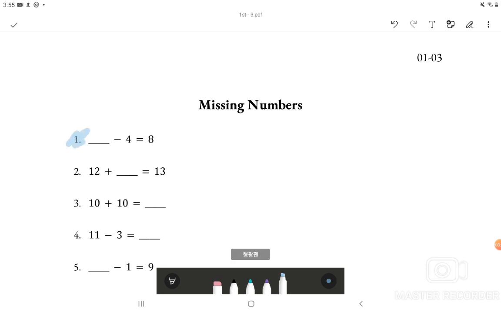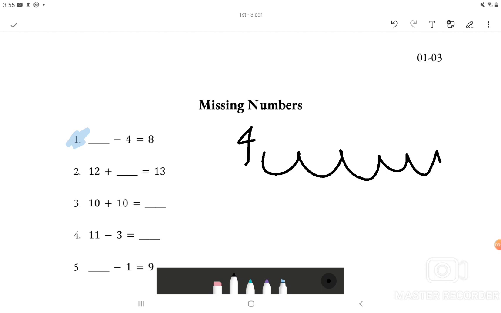For this section, let's try with number 1 again. It says something minus 4 is equal to 8, which means that 4 and 8 added together will equal the number that would go on the underline, the space. So we would do 4 plus 8, so we can do 4 and then move 8 steps forward. 1, 2, 3, 4, 5, 6, 7, and 8.